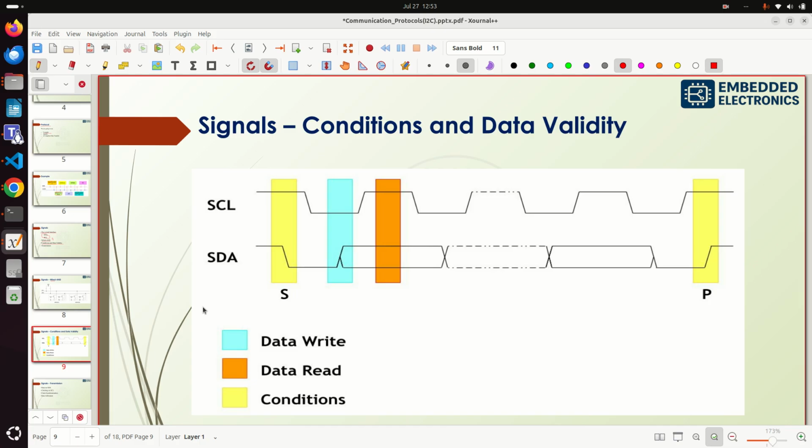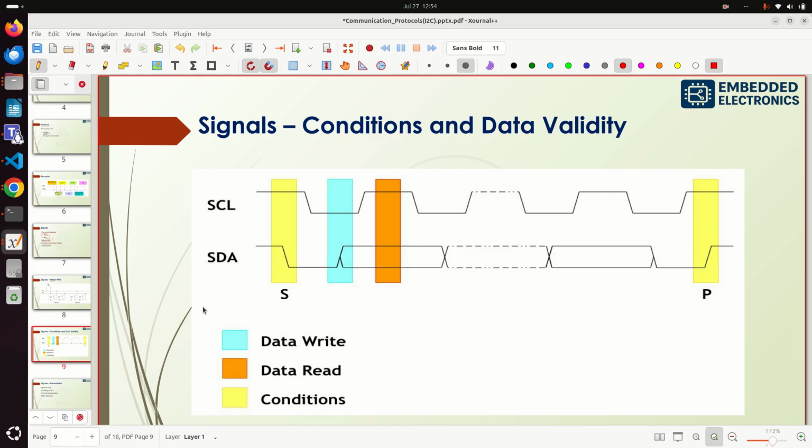Whenever the clock line is high, all the devices are going to read, and when the clock line is low, all of the devices are going to write. If it is reading, the data is not going to change, whatever is being transmitted.